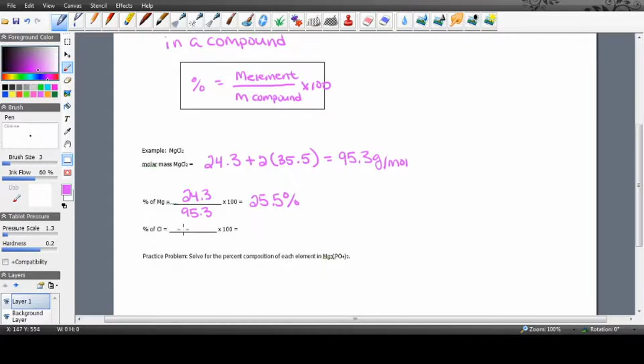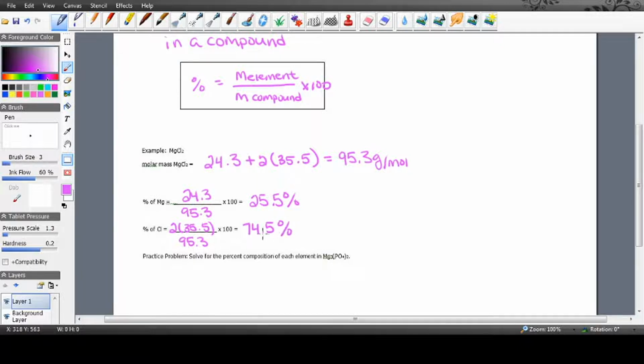And then to get the mass of the chlorine, I'm going to do my entire mass of chlorine, so my 2 times my 35.5 over my total, 95.3. And I get 74.5%.